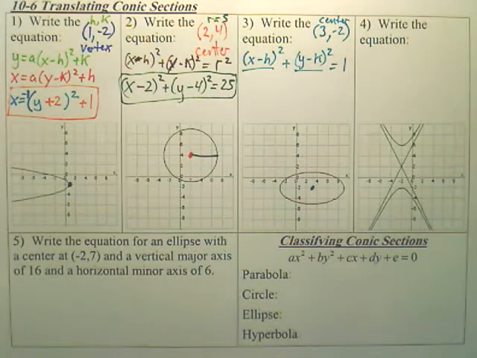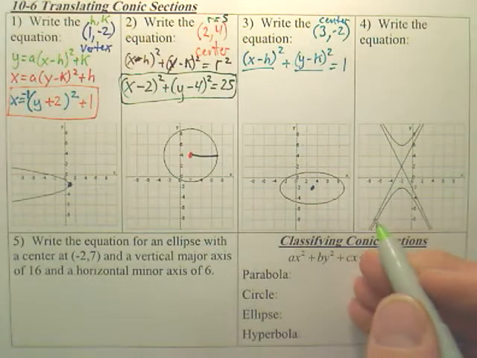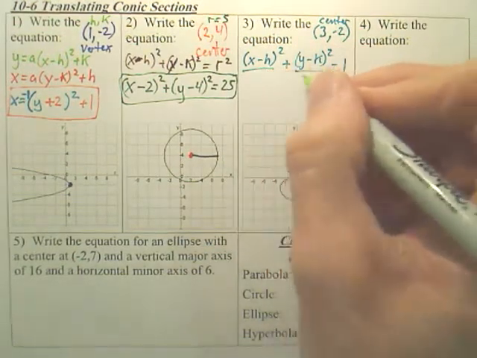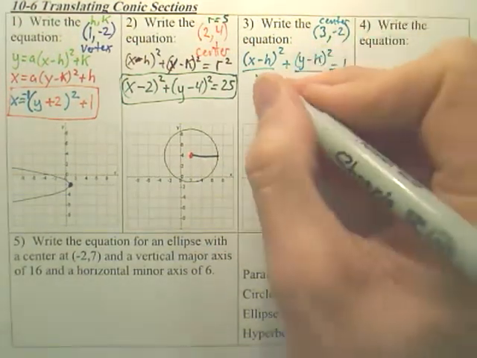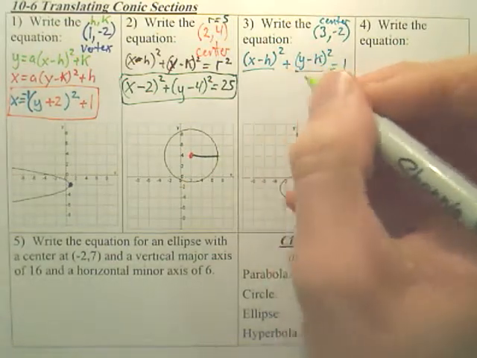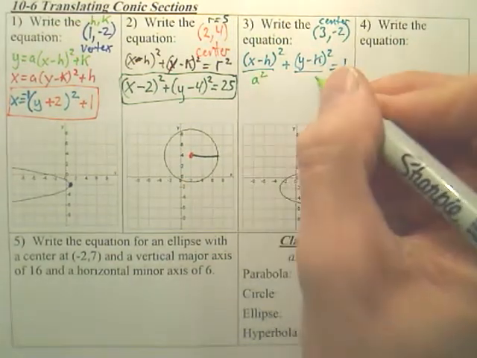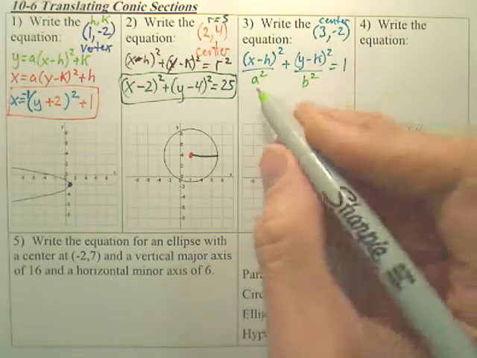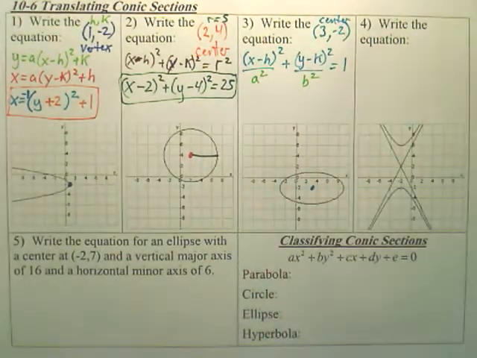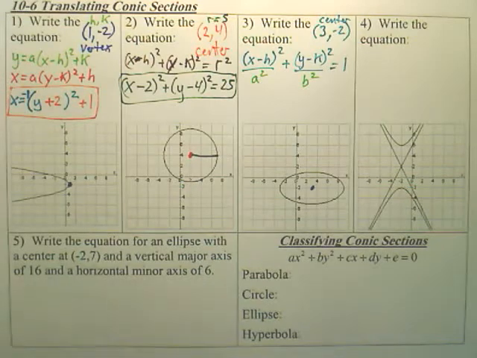Depending on your problem, which way it's stretched, it all depends on which one's a^2 and b^2, but these are the stretching. In this particular one it's a^2 and b^2, but sometimes you get a b^2 here and an a^2 there. Since this one's stretched left and right, we know it's going to be this particular type.